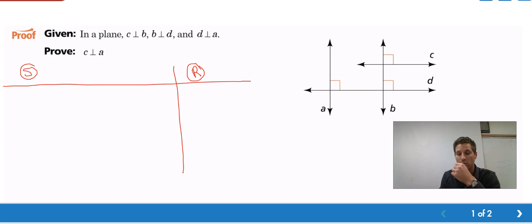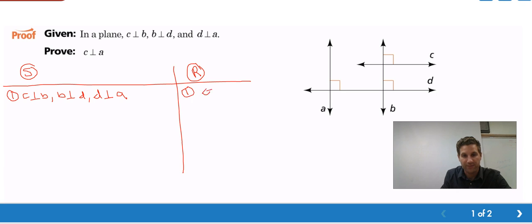And again, we can go back and use some of the theorems that we just learned. Okay, so let's first establish what we have, and that is step one, everyone's favorite. C is perpendicular to B, B is perpendicular to D, and D is perpendicular to A, and the reason: given.